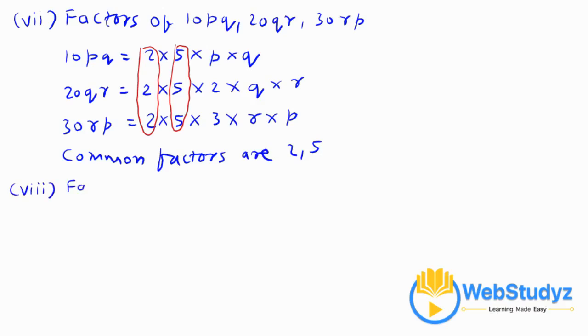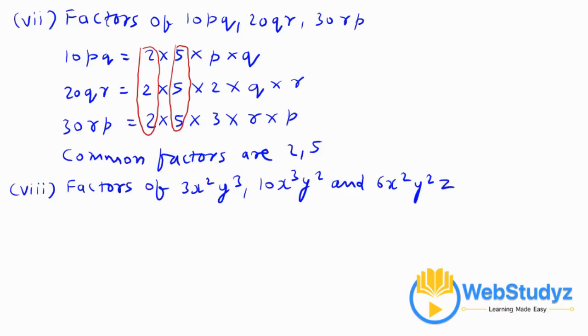Similarly, for the eighth, we have to find out the common factors of 3x square y cube, 10x cube y square and 6x square y square z. So the factors of 3x square y cube will be 3 into x into x into y into y into y.